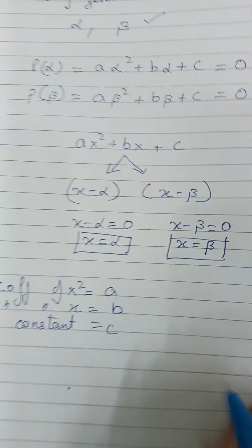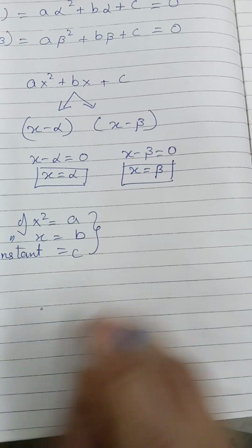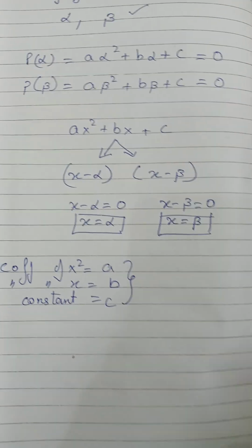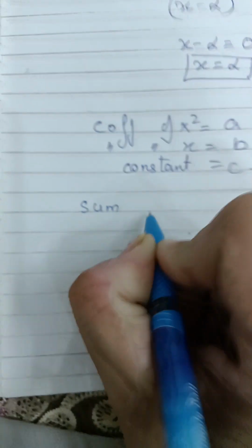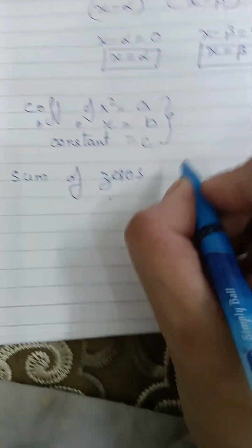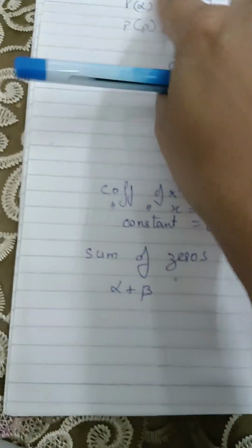Now what is the relation between these zeros and these three coefficients? The first relation is the sum of zeros. The sum of zeros is alpha plus beta, because alpha and beta are the zeros.